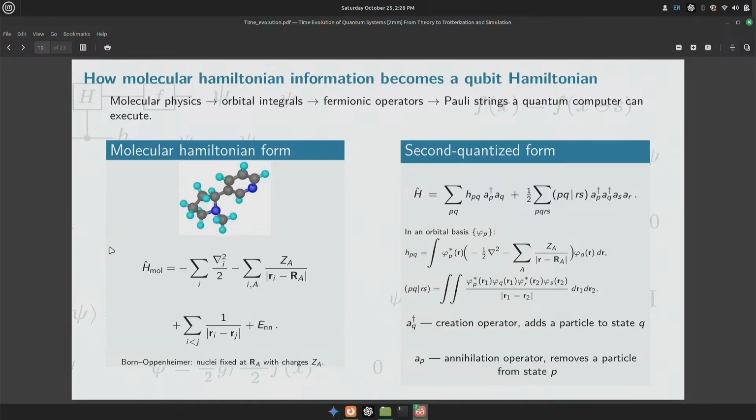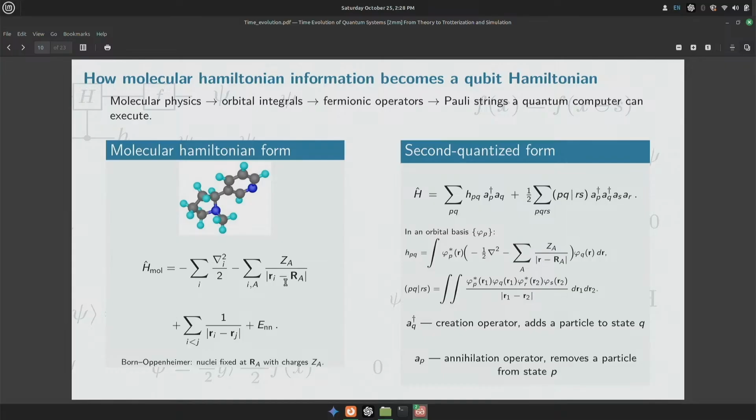A quantum computer does not know what is 3D space, what is 4D space, or what is 2D space. So we have to somehow encode this whole Hamiltonian form in such a way that a quantum computer can actually understand. So this is the standard mapping.